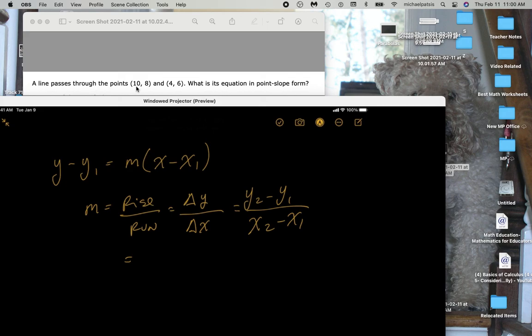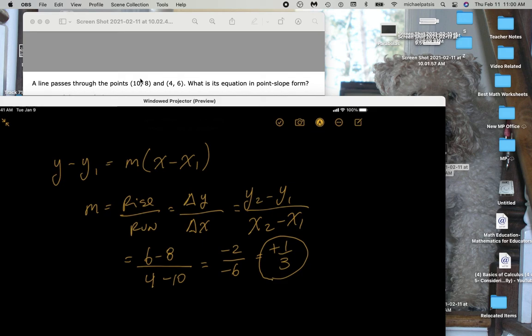So this is going to be x1, y1, x2, y2. Okay, so y2 minus y1 is going to be 6 minus 8 over x2 minus x1, which is going to be 4 minus 10. That's going to give you negative 2 over negative 6, which is positive 1/3.